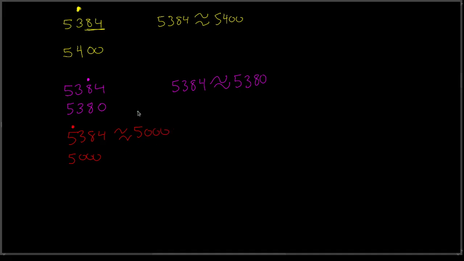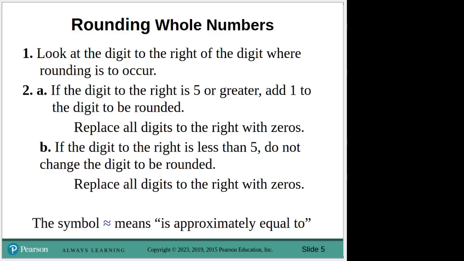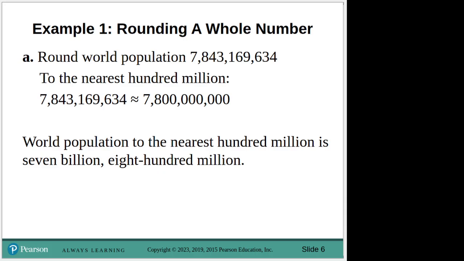It really depends on what we're estimating to. What we're estimating to tells us how accurate that approximation can be. So that's how these rules work their way out on numbers.